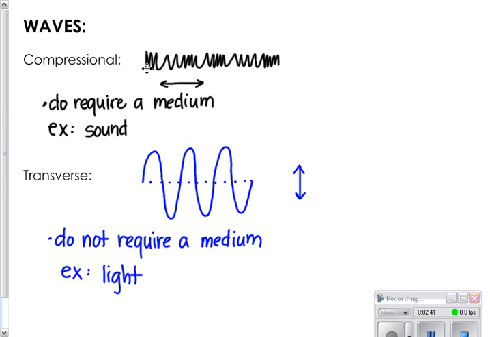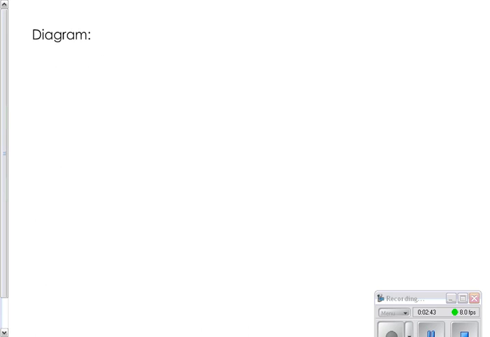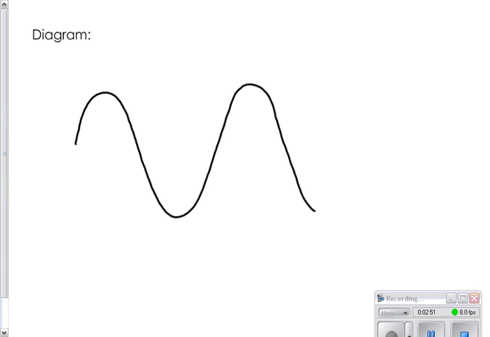Now, if we look at a transverse wave a little bit more closely and we draw a bigger example of it, we're going to label some parts. This dotted line again is the resting position. The height from the resting position to the tallest point on a single wave is called the amplitude.